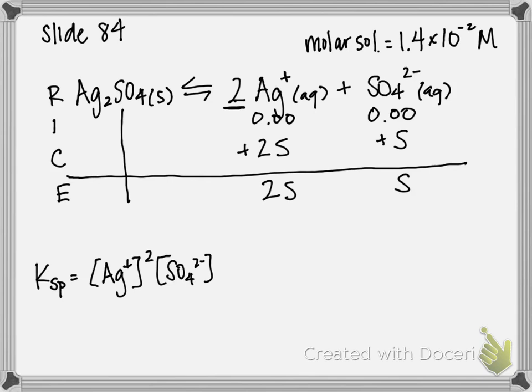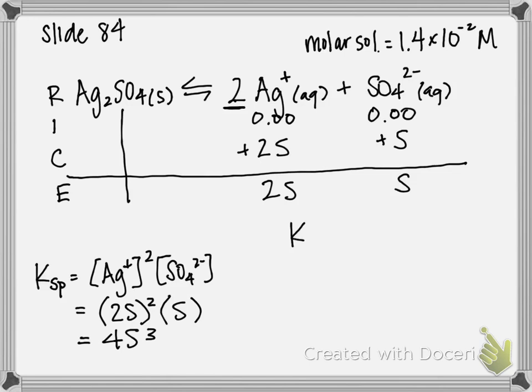So now I can come down here, say KSP is going to be equal to 2S squared times S, which is then going to translate, if I multiply everything out, into 4S cubed.